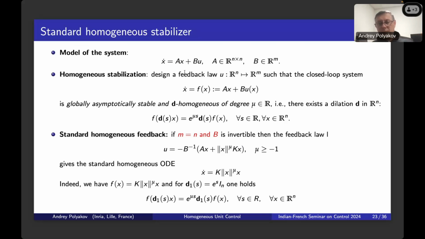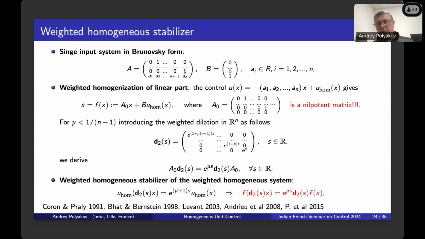The generalized homogeneity doesn't have this restrictive assumption. For example, consider a single input system, and assume that the system already has some good form, like the Brunovsky form. The pair A, B is controllable, A has a special form, and the matrix B, in this case a vector, also has a special form.